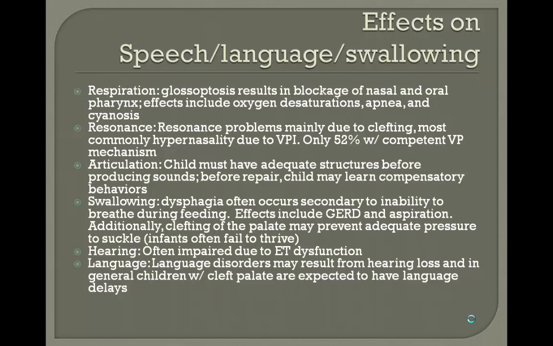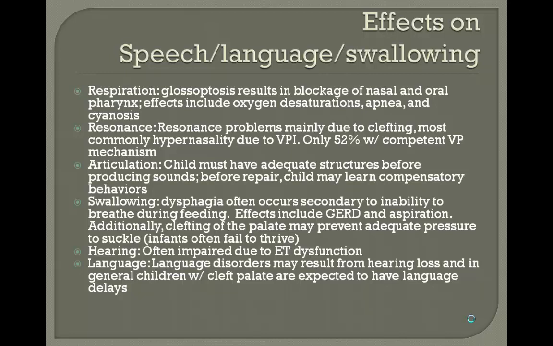Effects on resonance, those effects are mainly due to the clefting. Most commonly you'll see hypernasality, as you would in a cleft palate patient, and only about 52% of children with Pierre sequence have a competent velopharyngeal mechanism.